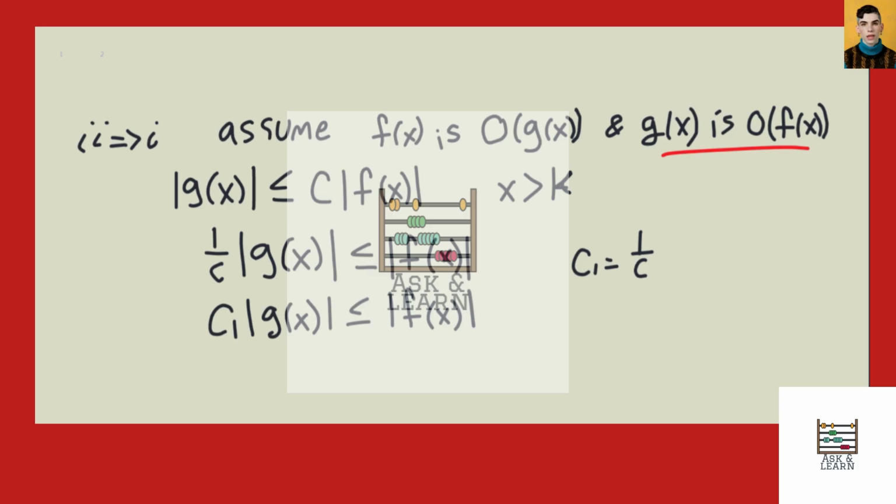And so by definition of the big omega notation, this means that f of x is big omega g of x when we choose x larger than k and c1 equal to 1 over c.